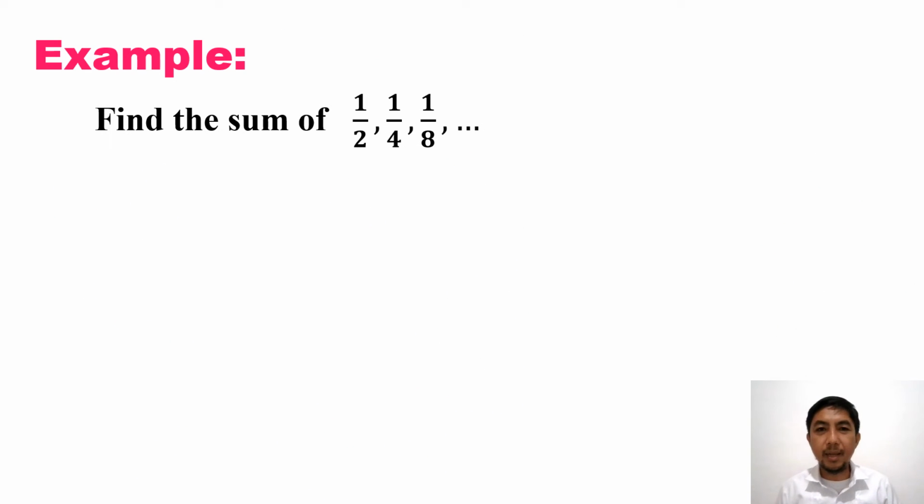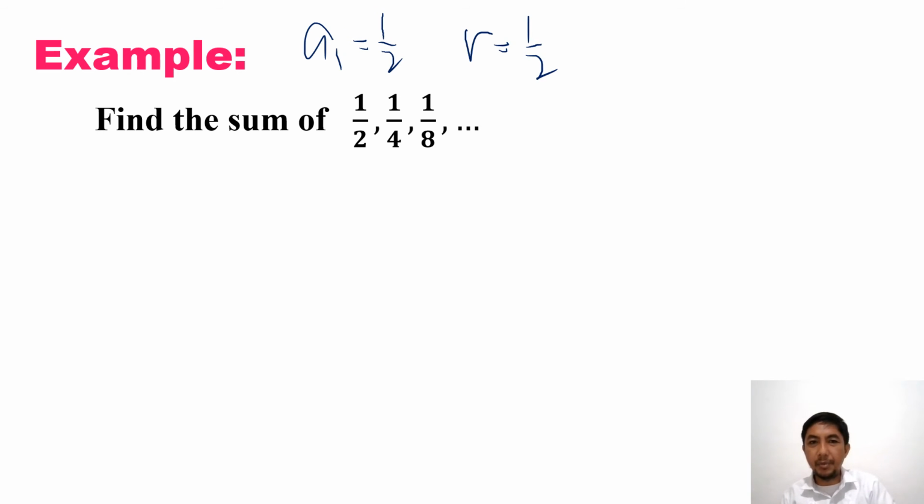Okay, so next example for the infinite geometric series. Find the sum of 1/2, 1/4, 1/8, and so on. So the first term here is 1/2. The common ratio here is also 1/2. The common ratio can be found by dividing 1/4 by 1/2.